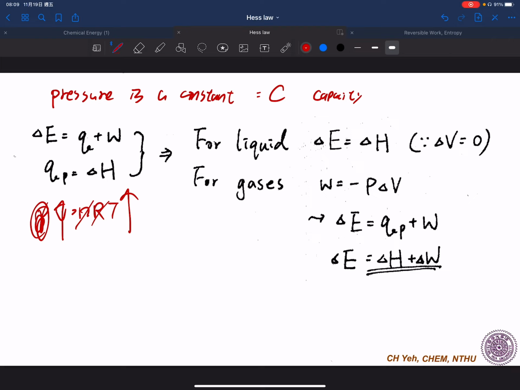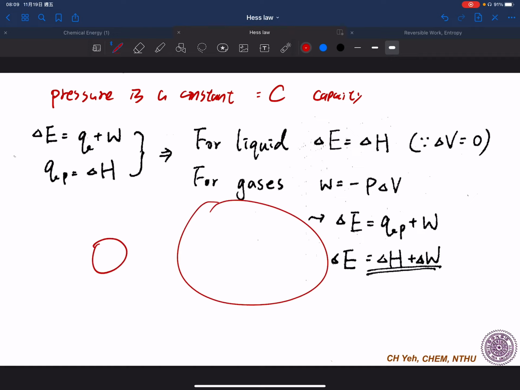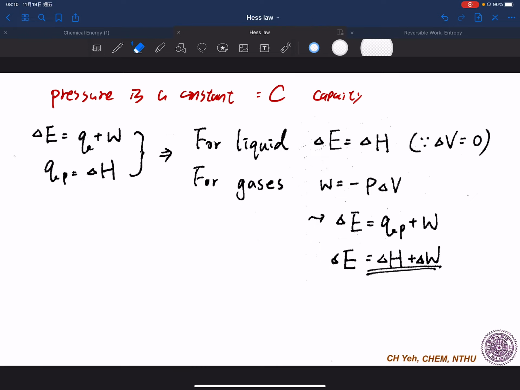We know from the previous chapter that when the system expands, it means the system did some work on the surroundings, so the energy in the form of work will decrease. So for gases, the enthalpy usually does not equal the internal energy.